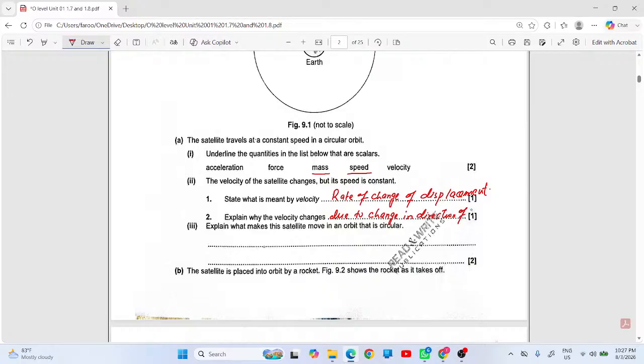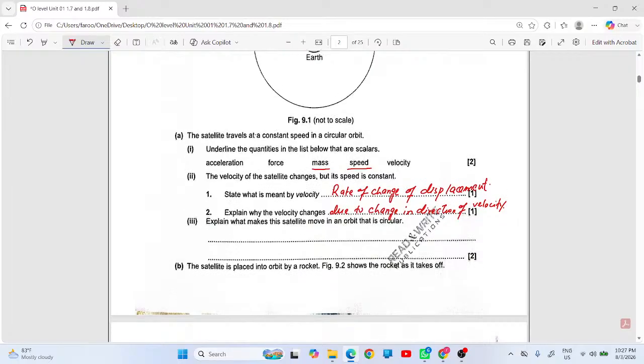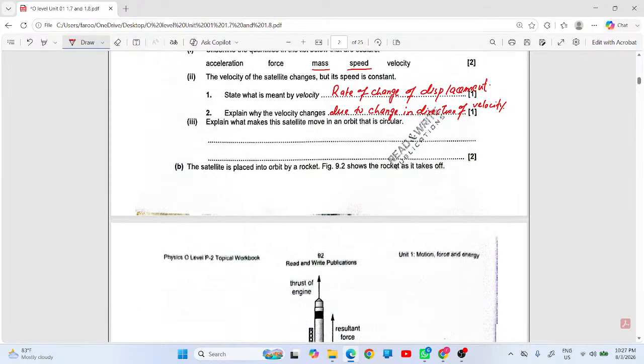We will see the answer, this is what is written. Okay. Explain what makes the satellite move in a circular orbit. Centripetal force. But this one is for 2 marks.